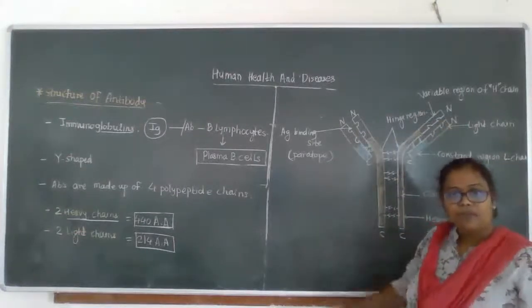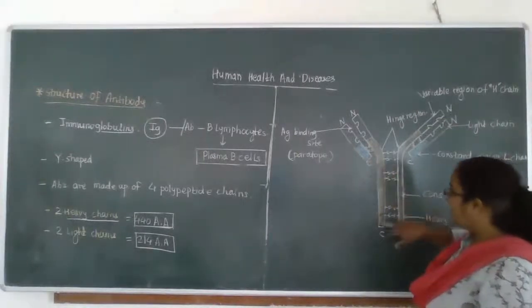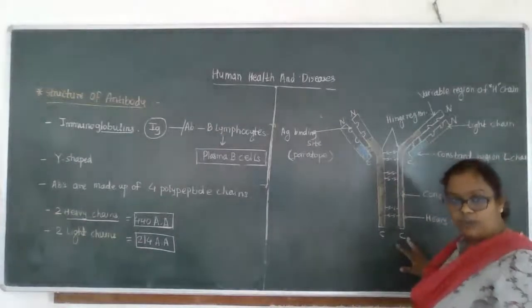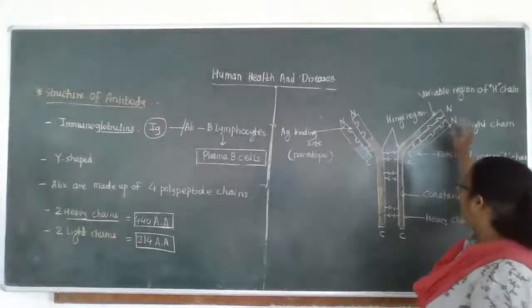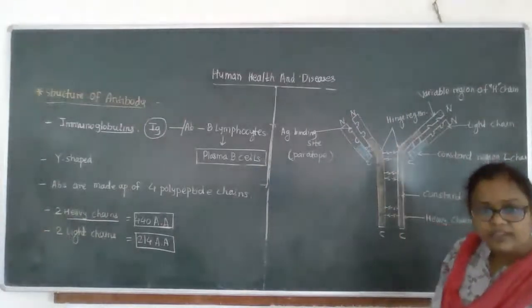The constant region of both the heavy as well as light chain has the C terminal or carboxyl end, and the variable region has the amino terminal or N terminal.